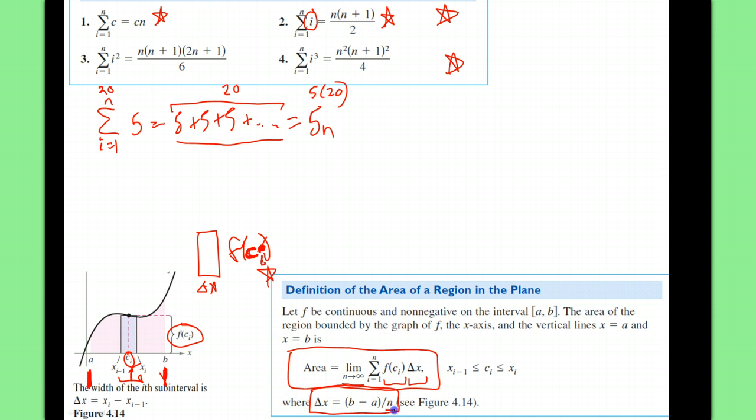The difference of the two divided by n, that's going to be the width of them. Okay. All right. Just so you know, in the next section, we have a way of doing this very quickly. It's called the fundamental theorem of calculus.